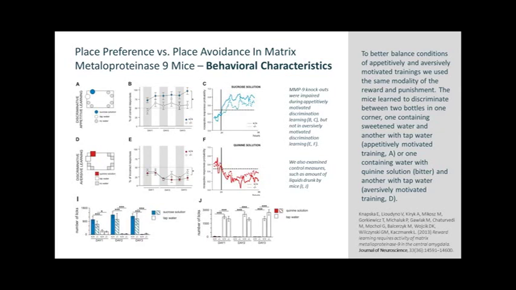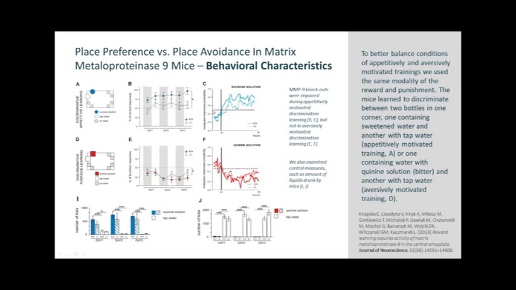So the animals had to discriminate between 2 bottles in 1 of the corners. In appetitively motivated learning, they had 1 bottle with sweetened water and another one with tap water. In aversively motivated learning, they had 1 bottle with quinine solution and another one with tap water.